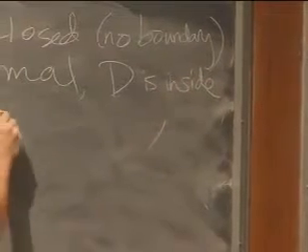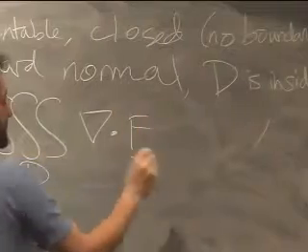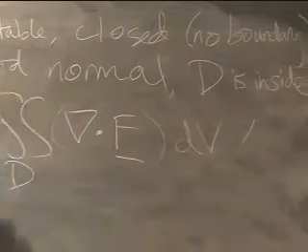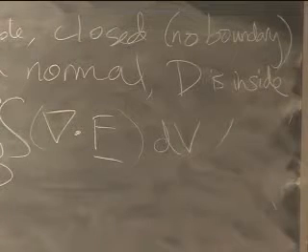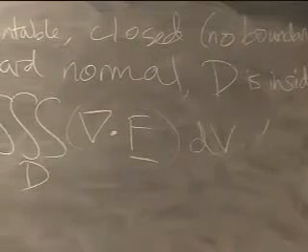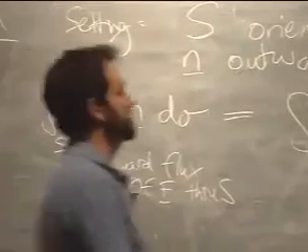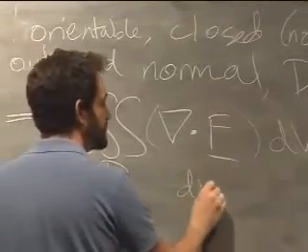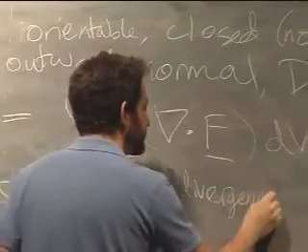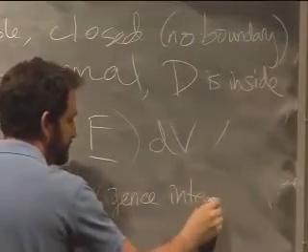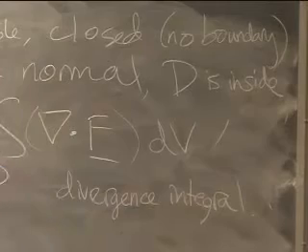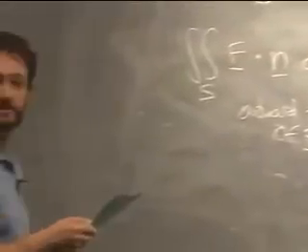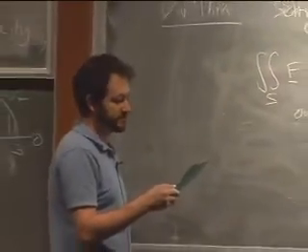And it's the divergence, of course, because it's the divergence theorem, dV. So it changes a flux integral into a divergence integral. Volume integral. All right. Comments. You have to know how to state it.